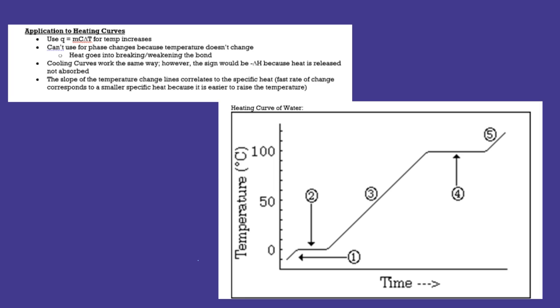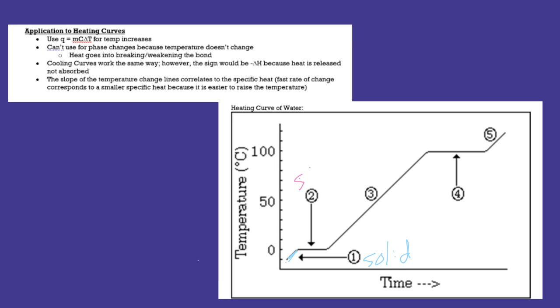Okay, and just to remember how we can label our heating curve: in place number one, where we're looking down here on this part of the line, this would be only a solid. When it gets to the flattened part of the line, this is where you have melting occurring.